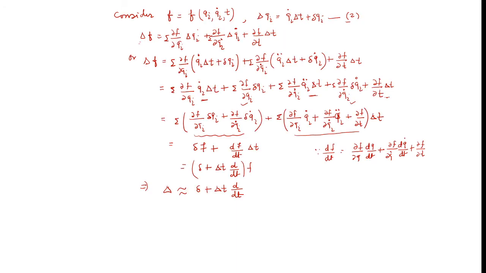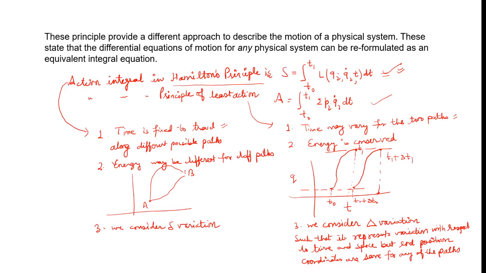You can confirm this from here. This is the endpoint, this is the endpoint, this is the endpoint, and this is the endpoint. These are the endpoints. Because the coordinates of the endpoints are different, though these are different due to the difference of time coordinate. This coordinate is fixed for this and this. This coordinate is again fixed for this as well as this. But the time coordinate is variable.